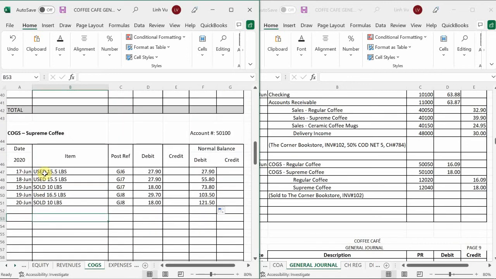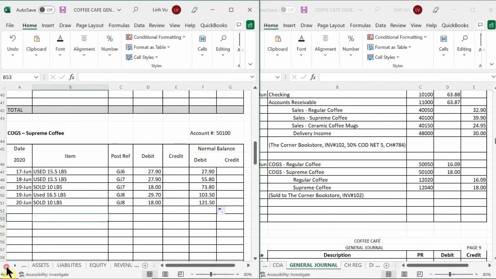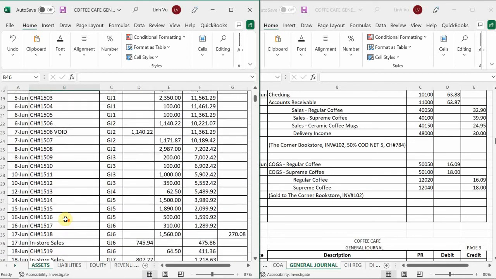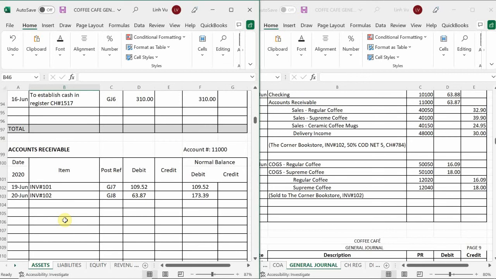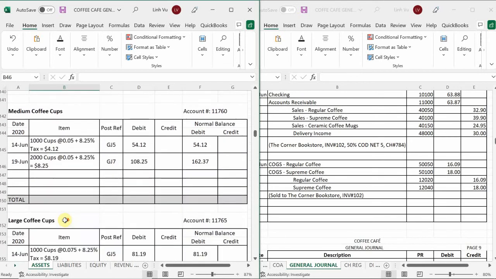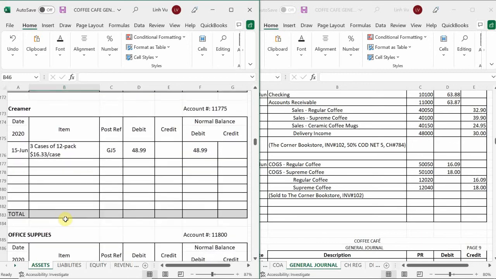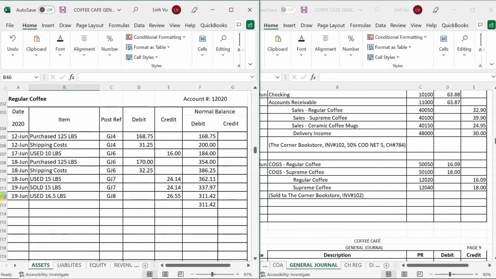And then, last but not least, we need to now update our inventory. Okay, here we are for regular coffee.